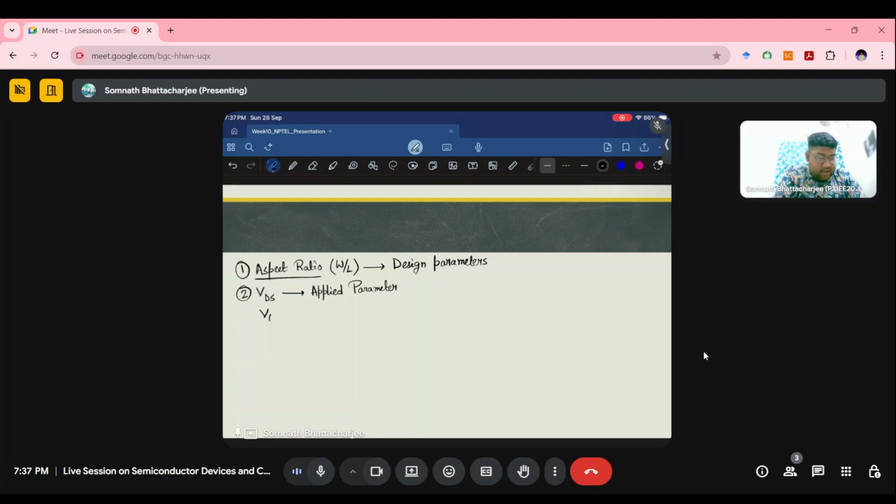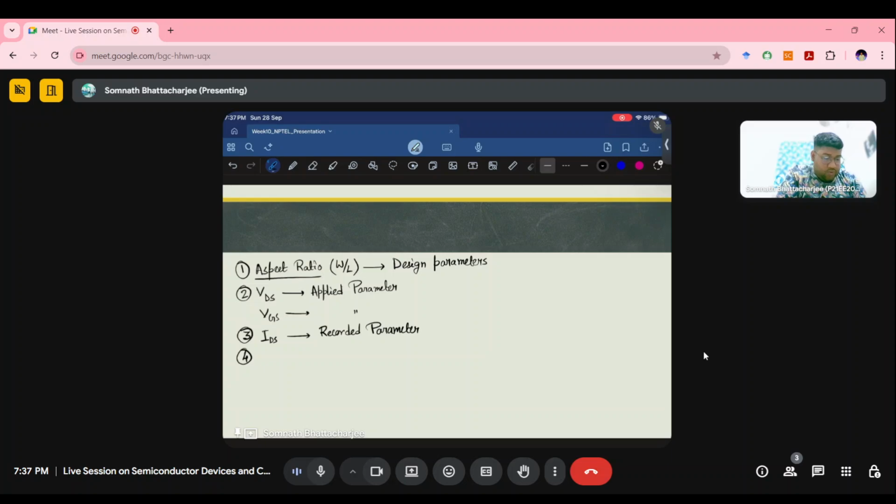Similarly, VGS is also another applied parameter because we are applying this, and IDS is the recorded parameter, that is the value of output current. So this is the recorded parameter. So these are the basic key parameters.